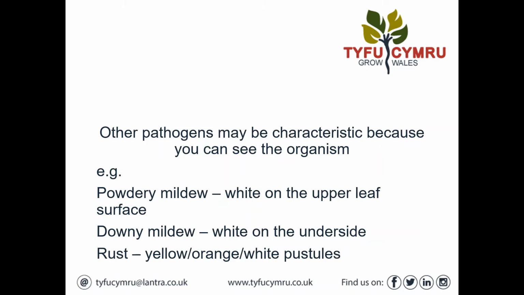Downy mildew is white on the underside. Now, powdery mildew can also spread to the underside of the leaves. And a very characteristic pathogen causes rust diseases, which have yellow or orange or white pustules on the leaves or the stems.